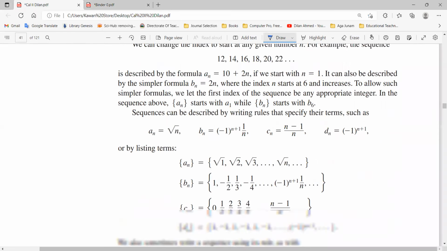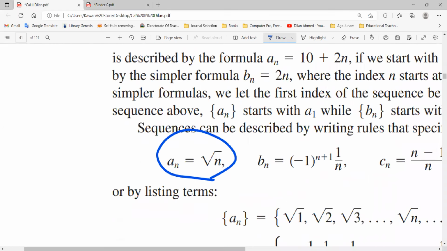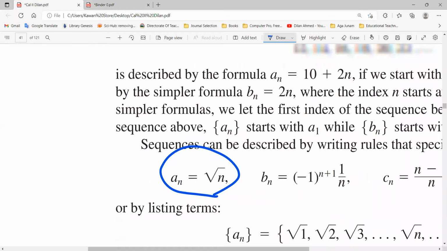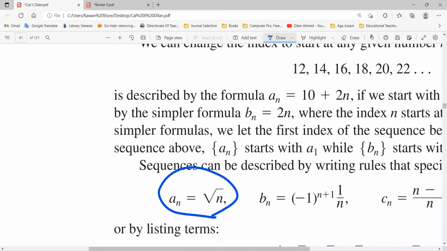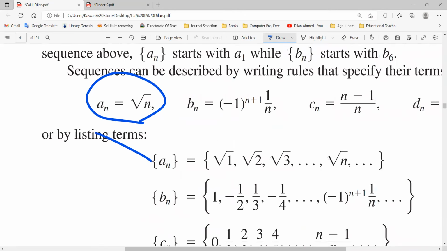Good. So now look at here. Look at this example. An is equal to square root of n. So if we substitute, I'll get 1, square root of 2, square root of 3, and go on. Understood? Now look at Bn here. Bn is minus 1 to the power n plus 1, over n. If n is 1, I will get only 1.